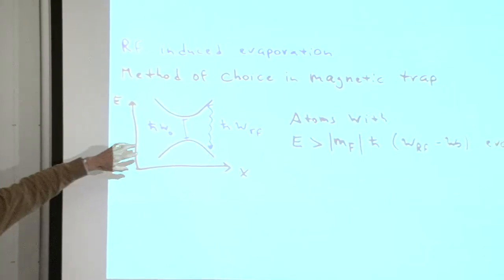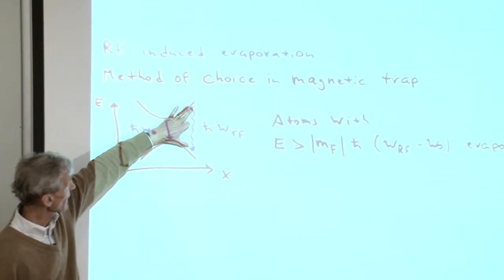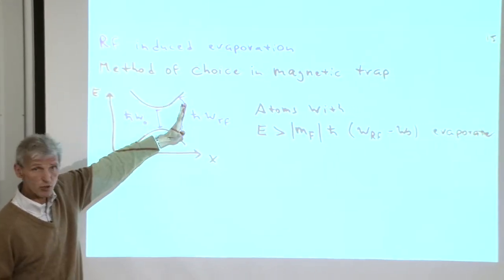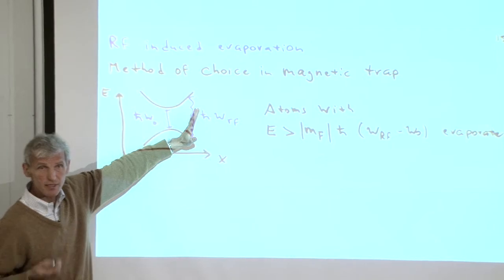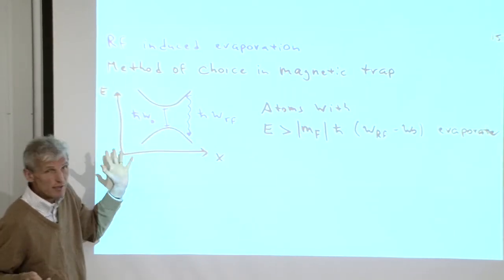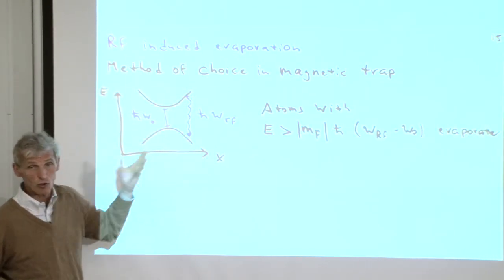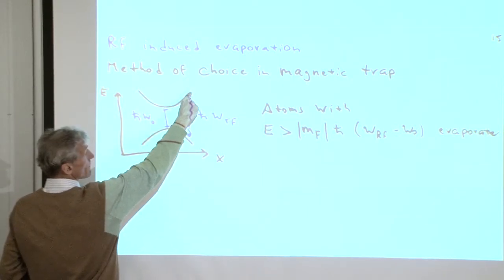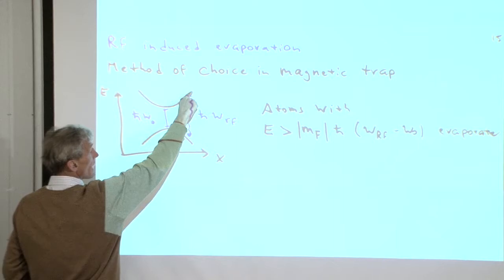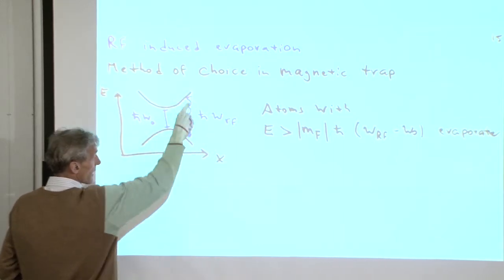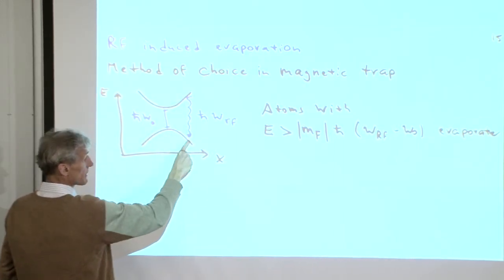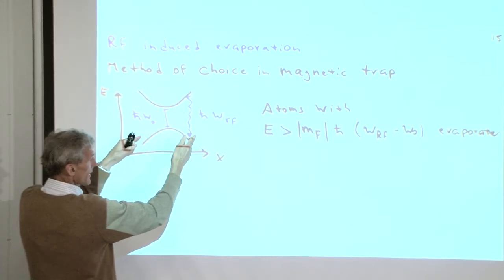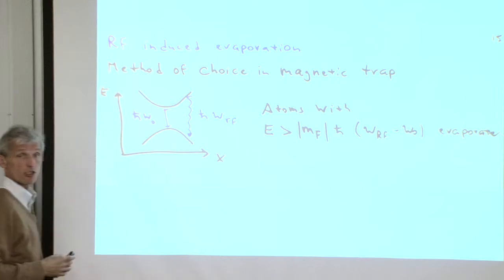If you have a magnetic trap, you can tune an RF spin flip transition to a certain frequency, but the frequency depends on magnetic field. The magnetic field in a trap depends on position. So with your RF frequency you are selecting a certain point in space where the atoms can leave the trap, and are transferred by a spin flip RF transition to an anti-trapped state and are then rejected from the trap.